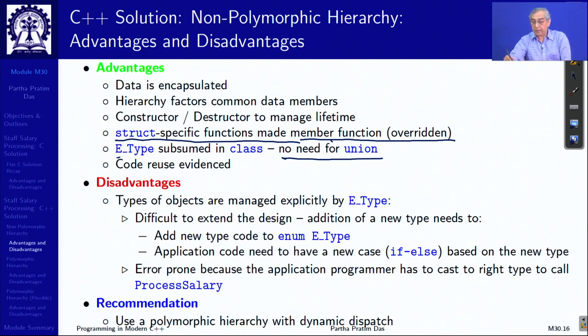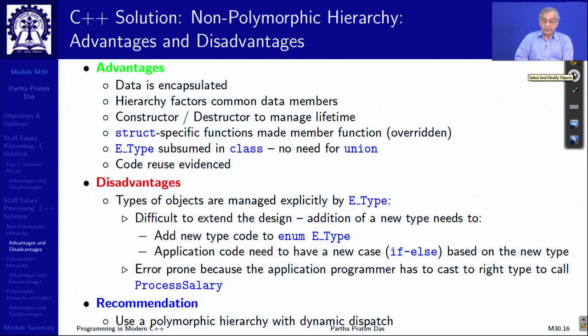So, the amount of code reuse has substantially increased, it is directly evidenced. But it still continues with the disadvantage, the type of the object is still explicitly managed by E type, right. When I had to add the director, I had to add a new type to the enum, I had to add a specific case, I had to do a case specific downcast, very risky.